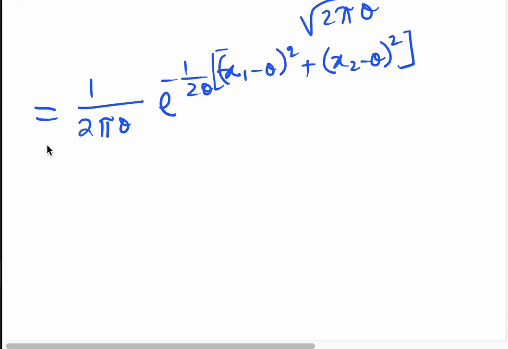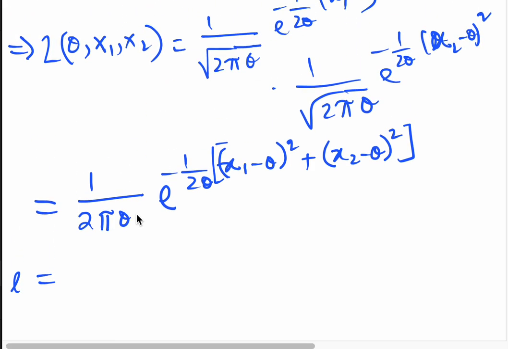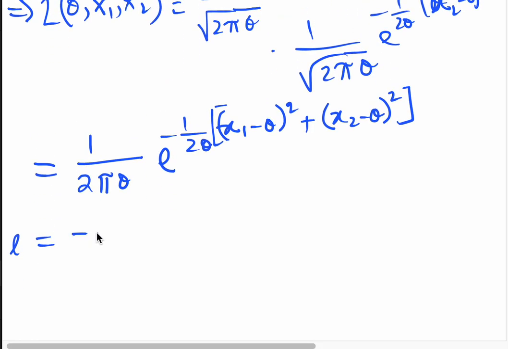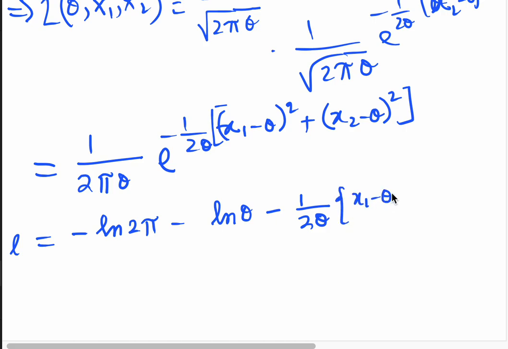So the log likelihood function will be minus log 2 pi minus ln theta minus 1 by 2 theta, x1 minus theta its square plus x2 minus theta its square.